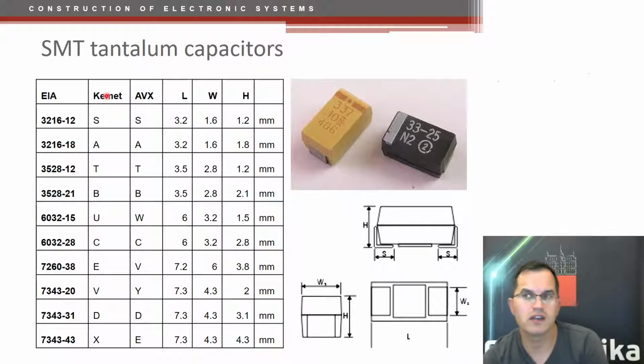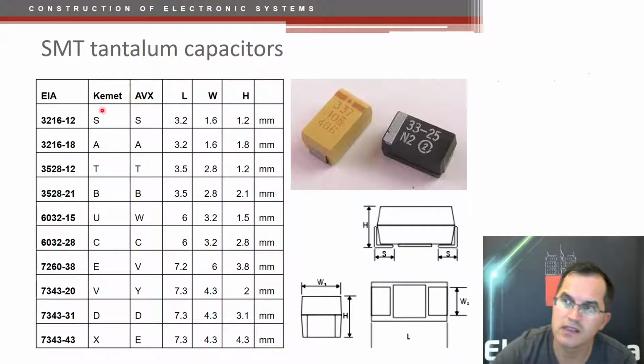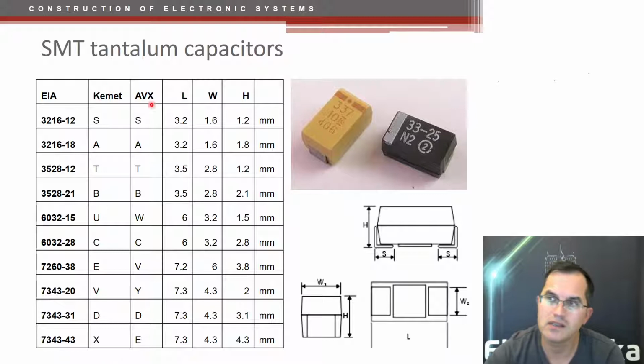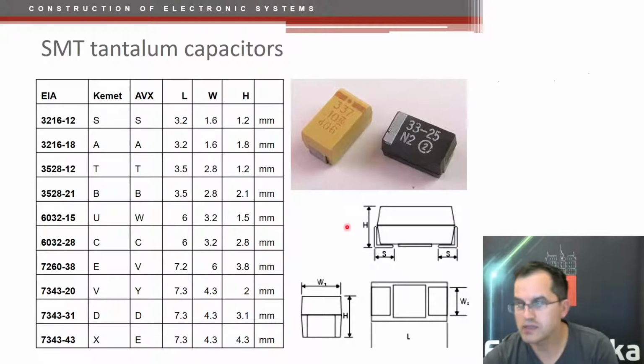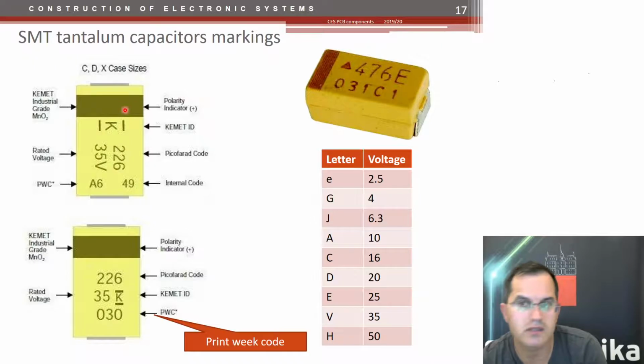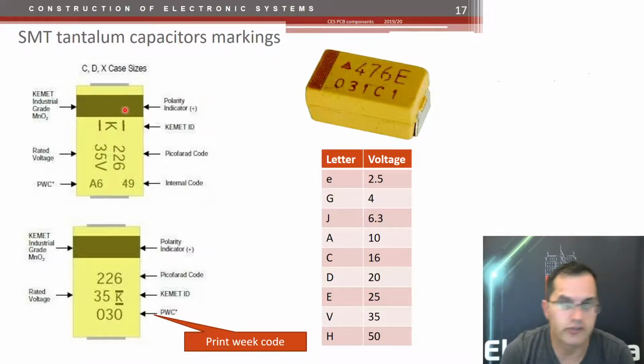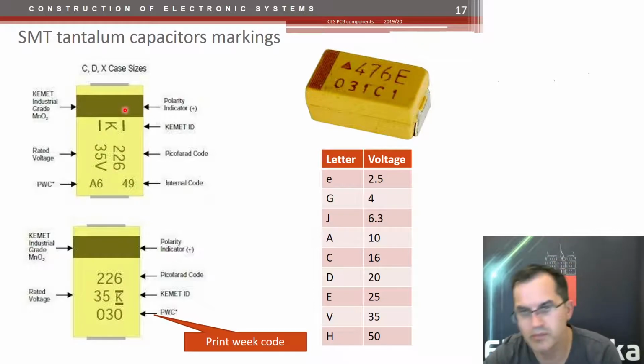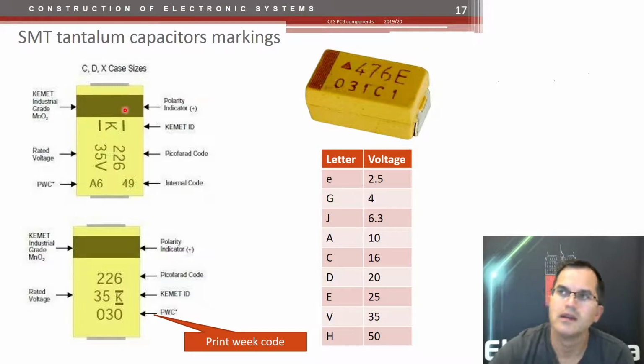Some manufacturers denote the sizes with letters, and these differ according to the manufacturer. The positive terminal is actually denoted by a dash. It's just the opposite of diodes or electrolytic capacitors. So be very careful if you are soldering or working with a tantalum capacitor. The dash denotes the positive terminal.